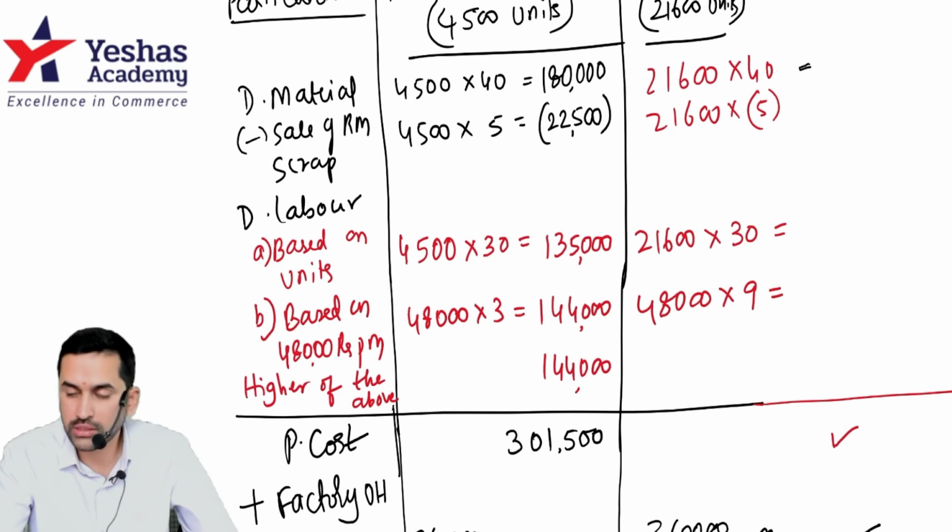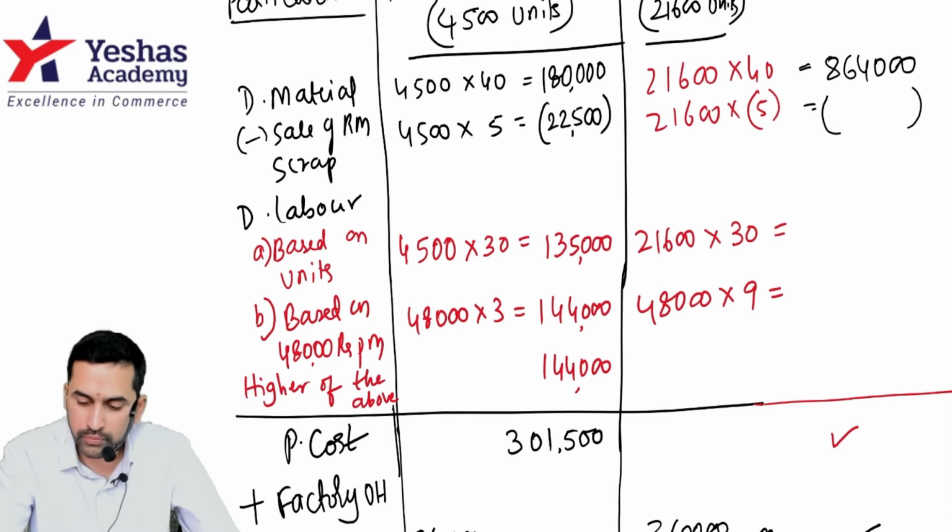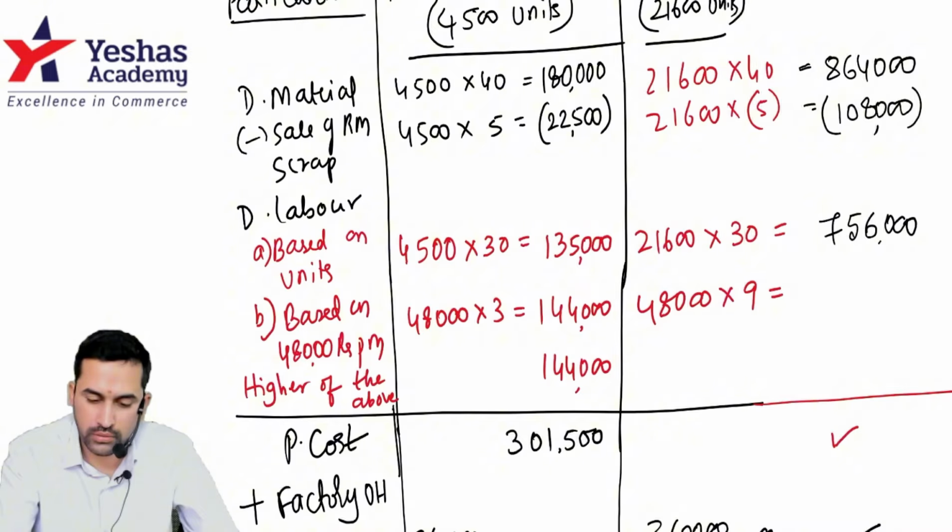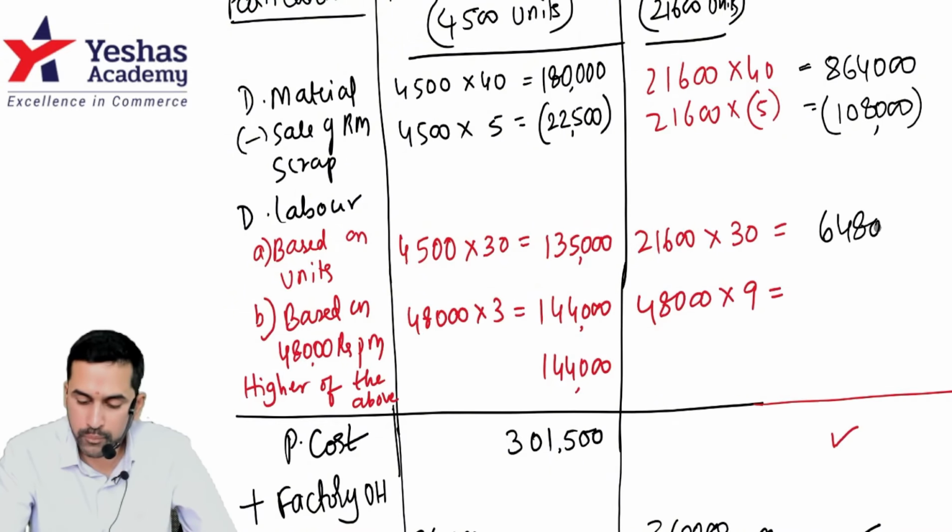An individual number. Right? 50. 432. Higher of the two will be.